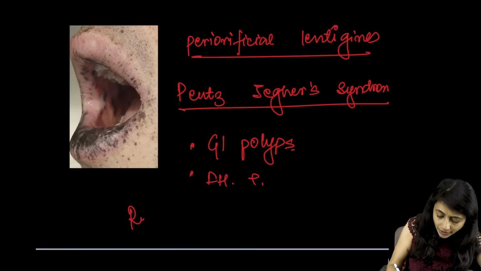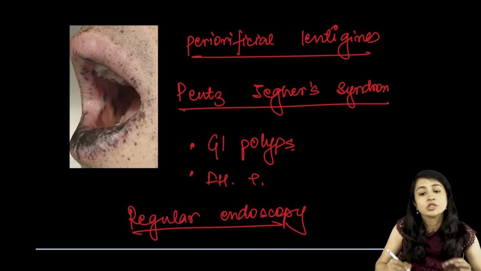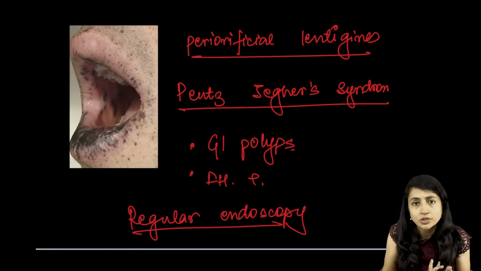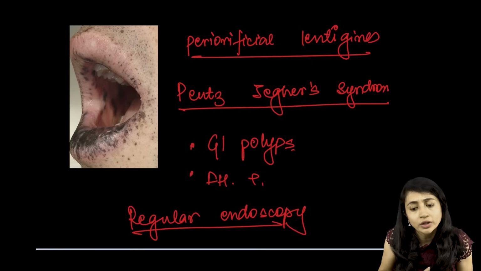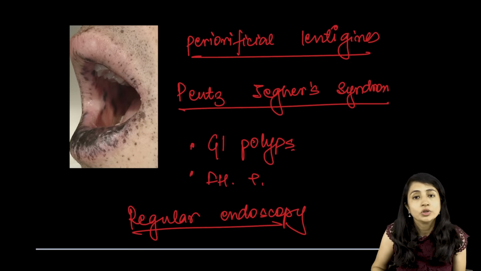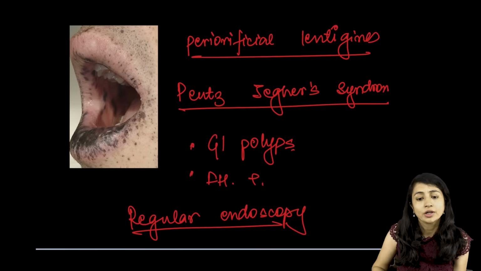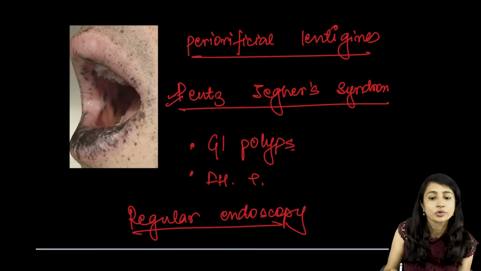You will do regular endoscopy. If you see any patient with periorificial lentigines, they can ask you the diagnosis, what it can be associated with, or how you will monitor these patients. You will look for GI polyps by doing regular endoscopy. So, this diagnosis is important.